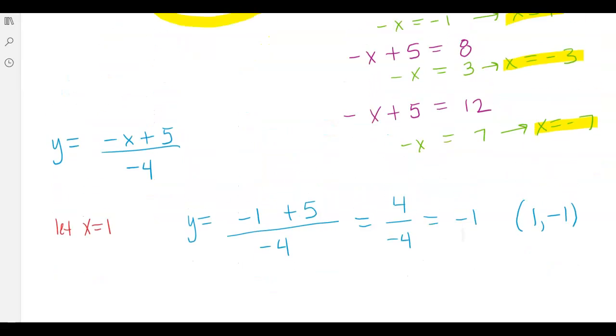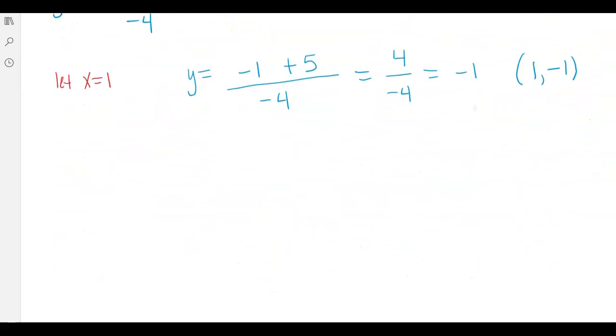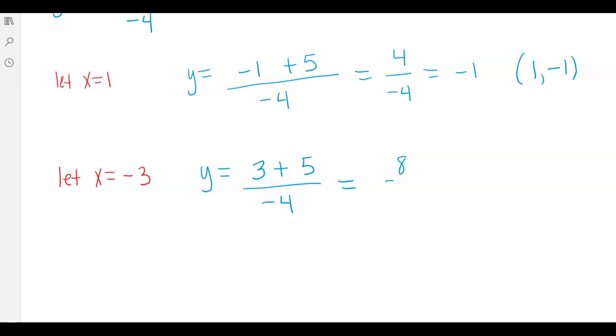Our second option was x equals -3. Let x equal -3. So y is going to equal -(-3), so +3 plus 5 over -4, which is 8 over -4, or -2. So another point on our line is -3, -2.